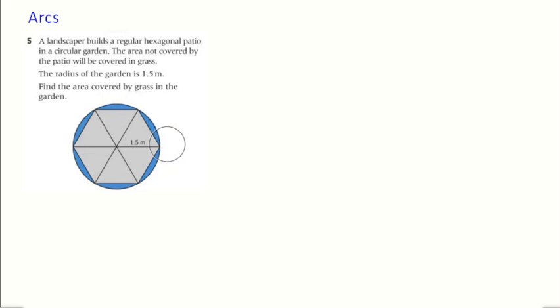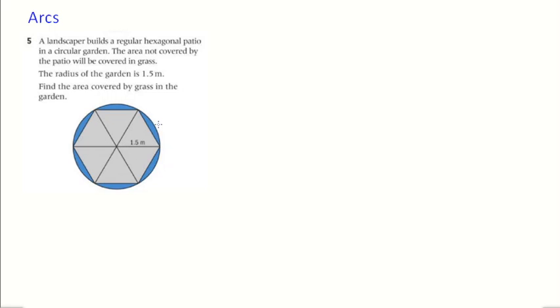So basically we have a full circle and we want to know what is the border of the circle if we take out a hexagon shape which is inscribed in it. So there's a hexagon shape which is touching everywhere it can. It's a regular hexagon.